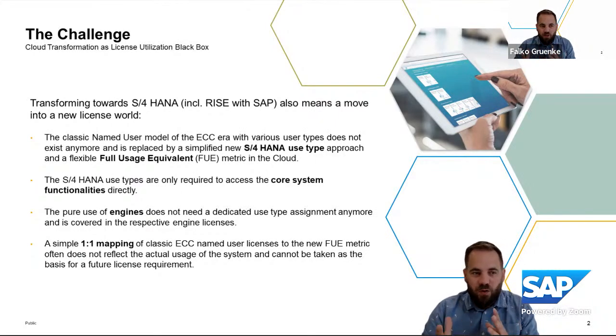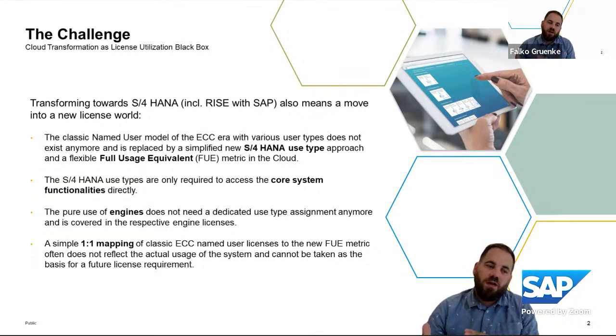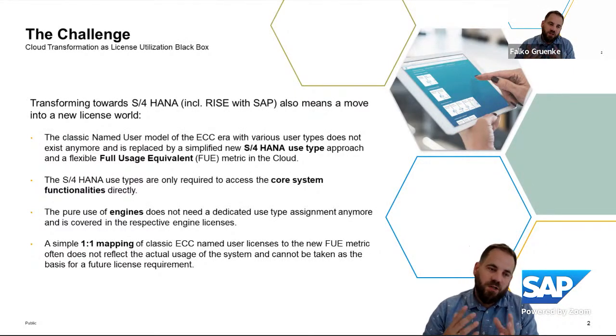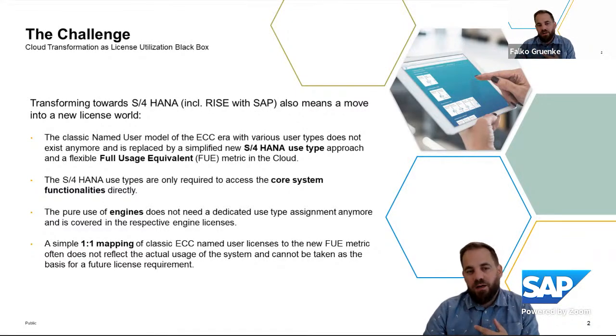There is no classical mapping between the ECC users and our new user groups with the user types within S/4HANA. So there are differences, and especially when we're coming then also in the cloud to the full use equivalent as a metric, this will be included here as well. We wanted to gain transparency to make sure that everyone understands, before moving onwards, what the requirement is when signing the new contract.